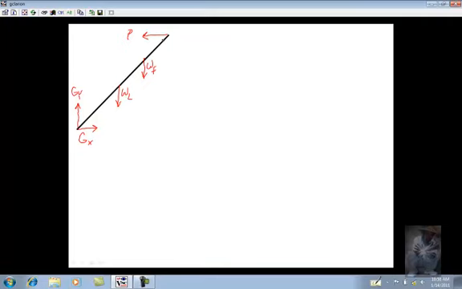Sometimes you'll actually see me use this symbol where we say that direction and that direction, and then that direction. I know that looks kind of confusing, but these are the directions that we'll call positive. Upwards positive, to the right's positive, and counterclockwise will be positive.